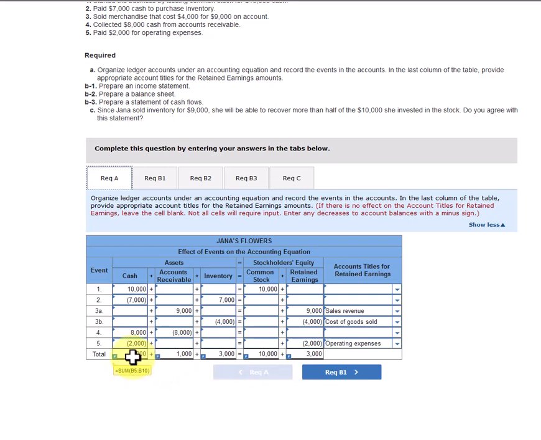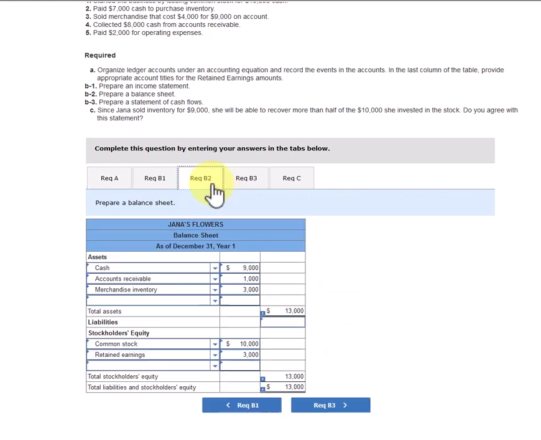So just make note of whatever your balances are for each account, and then you can hop over here and plug those amounts in for cash, accounts receivable, inventory, common stock, and retained earnings, and then you can compute your totals just as they've done here as well.